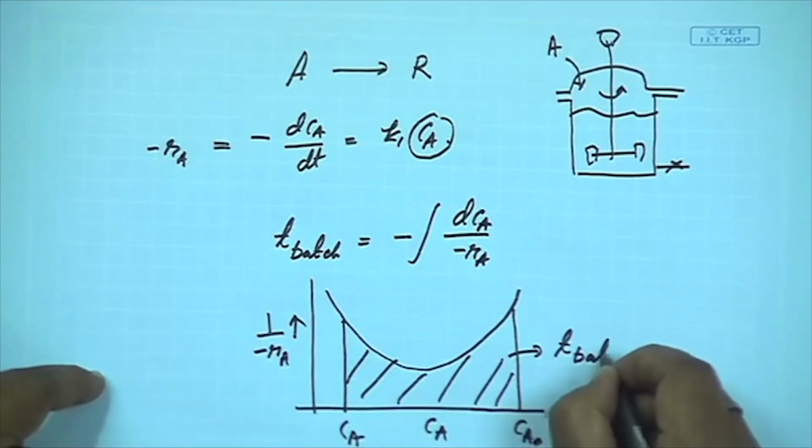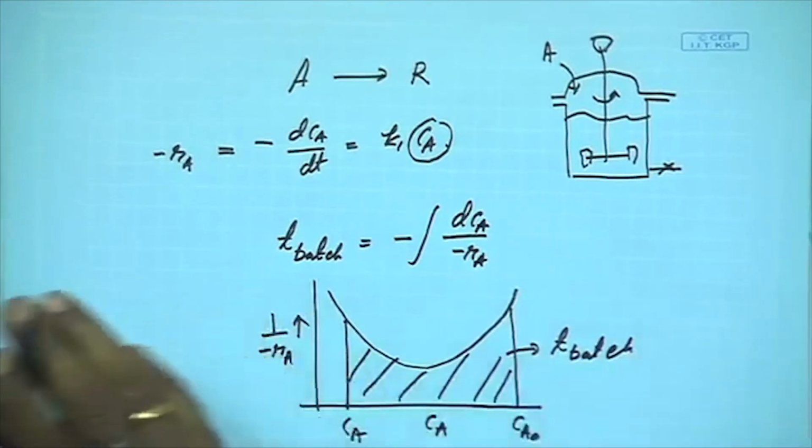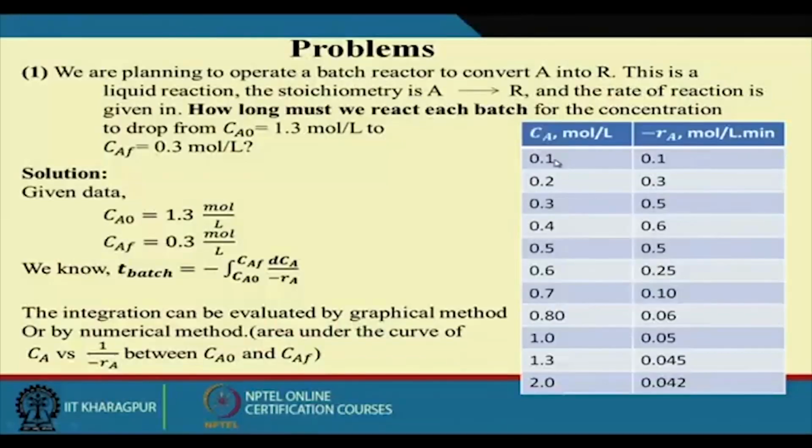Am I right? Here I can show you in this reaction the values minus 1, minus 1, minus 2, minus 3, so it keeps on increasing. Then 0.4, 0.6, and after 0.6 it is again decreasing.